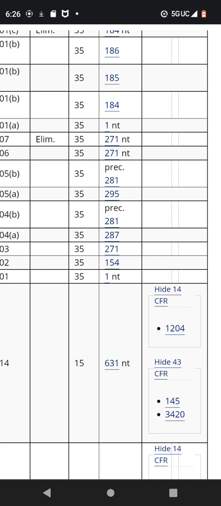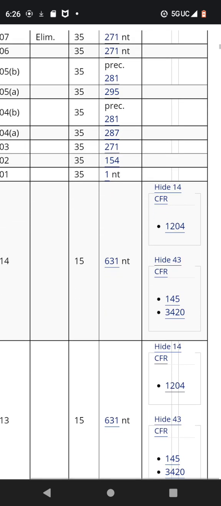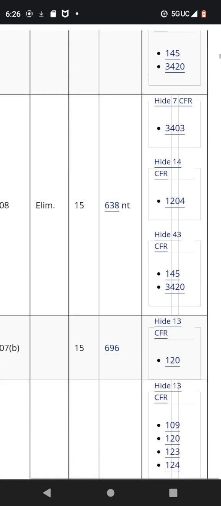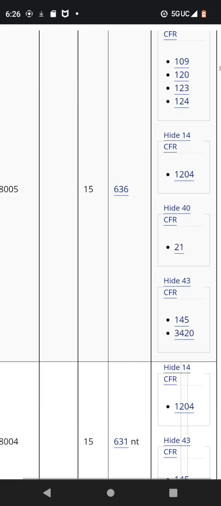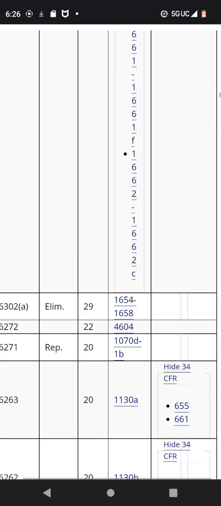So 15 USC 1631, the CFRs that go with it would be your 1204, your 145, or your 3420. With this one, let me see if I can find it real quick.